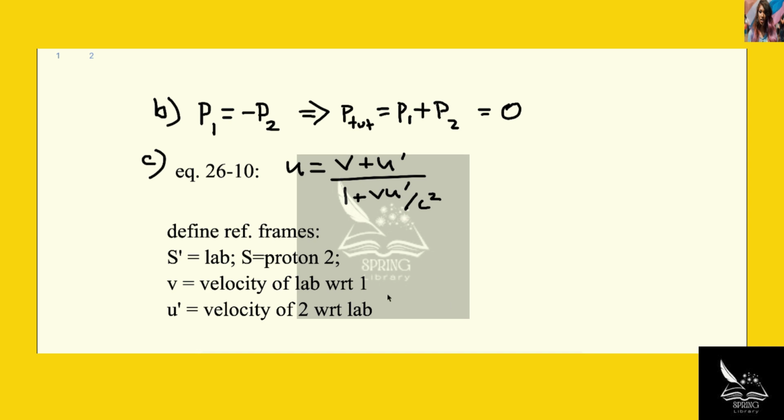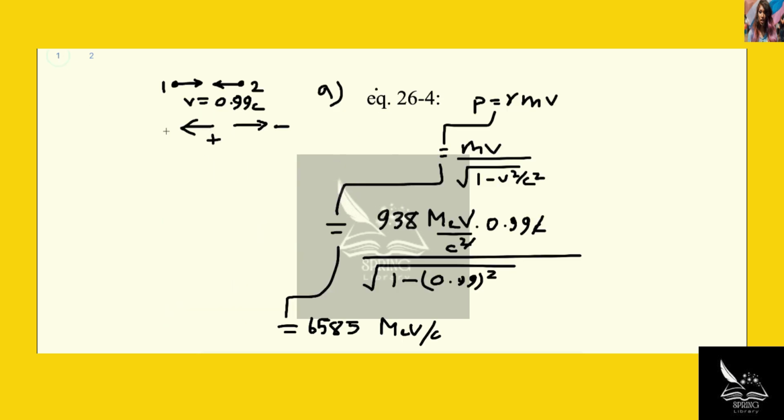Okay? And so let's work out what they are. v, the velocity of lab with respect to 1, will be 0.99 c. And this is because, remember, we've chosen this direction to be positive.